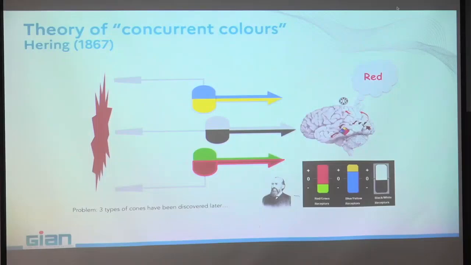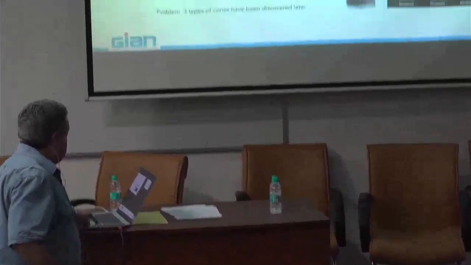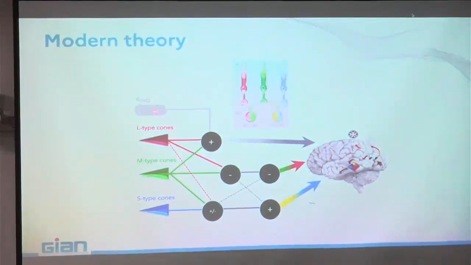A little bit later, at the beginning of the 20th century, we had anatomic data that showed there are three different kinds of cones, like the previous theory, but the problem was still the same. And in fact, by looking closer, the reality is always much more complex. We have three different cones.